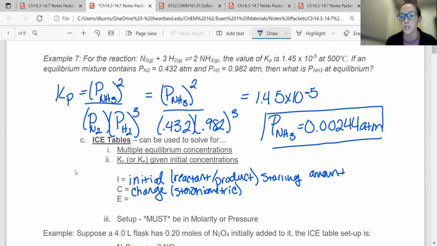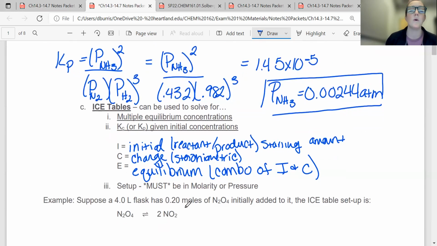Okay, so those coefficients are going to be really important. So those are stoichiometric. They're going to use those coefficients in order to figure out the change. And then E, of course, stands for the equilibrium amount, which is just a combination of my starting amount, or my initial, and the change. Combo of I and C.